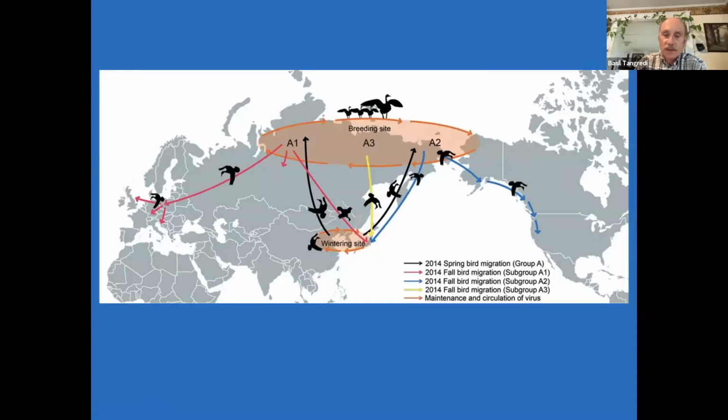So they can migrate north for their breeding sites, and then when they're going back down south, they can proceed down to North America through the Western Flyway here, or into Western Europe through that flyway down through there, bringing the viruses that they have traded around with them.